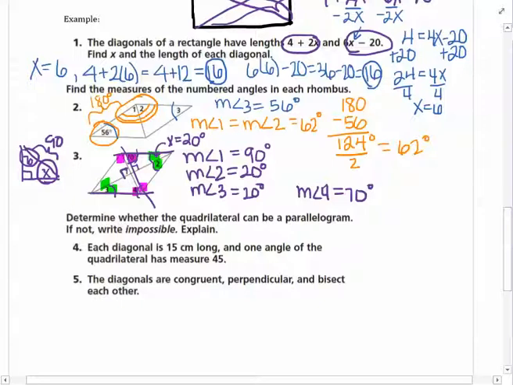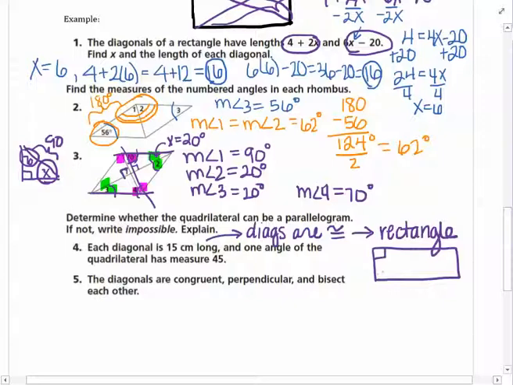Well, if each diagonal is 15 centimeters long, doesn't that mean that the diagonals are congruent? Okay, well that's only true if it is a rectangle. And if it's a rectangle, then all the angles are 90. So how can one of the angles be 45? That's not possible. So this is an example of an impossible case.